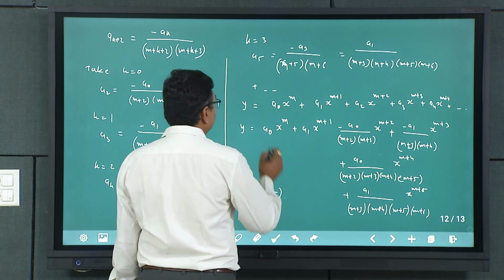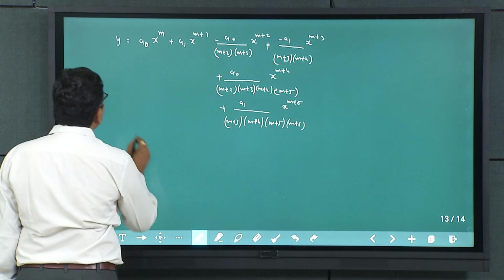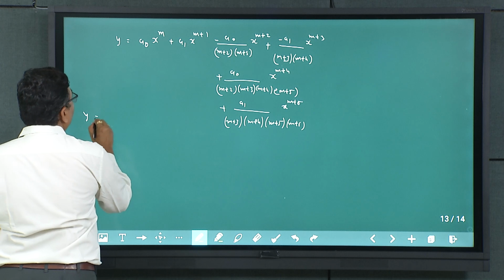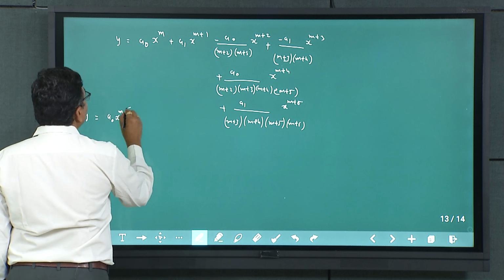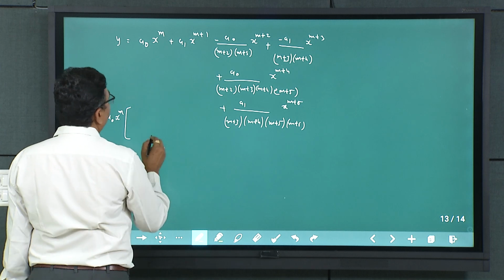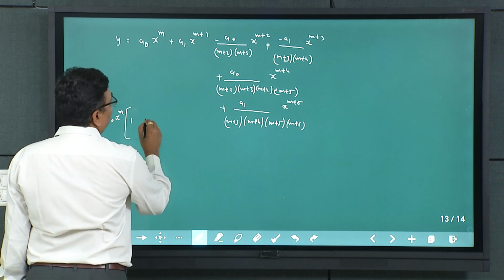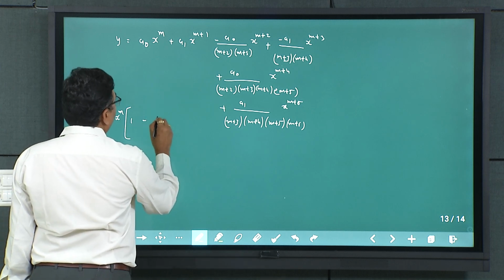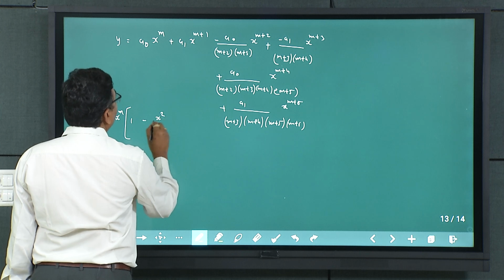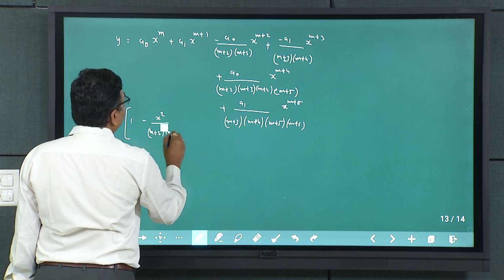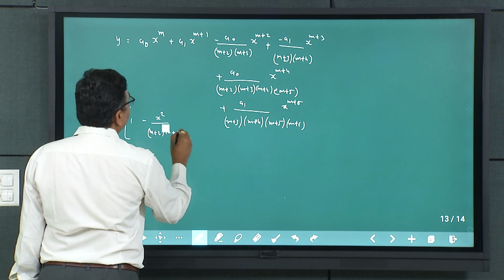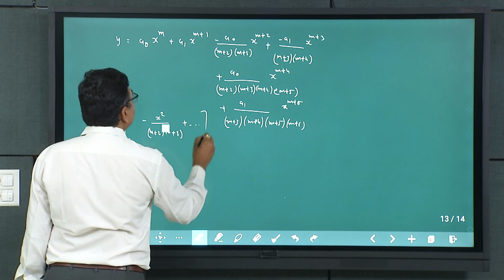Okay, so let us copy this one. y equal to A0, take x raised to power m common, into bracket 1 minus x square upon m plus 2, m plus 3 and so on, right?